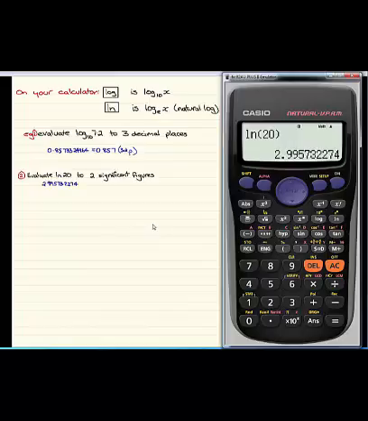This time we are rounding off to 2 significant figures, and for some reason we all forget what that means. It means that we start counting at the first non-zero digit. That's the first significant figure, this is the second significant figure, and that is where I am going to round off. So if I round that off to 2 significant figures, 2.9, your next number is a 9, so you need to round up. That is 3.0 to 2 sig fig.